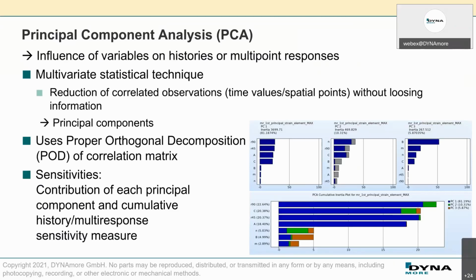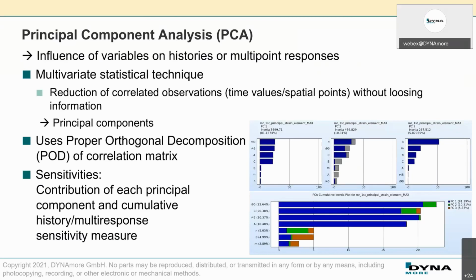And multi-point response means that I do not evaluate a response, a scalar value, just at a certain specific point in my model, but for a whole part, for example, extracted from the D3plot files, or the whole model if needed. And principal component analysis for the multi-point responses then also considers that points that are close, not in time, but in space, are correlated.